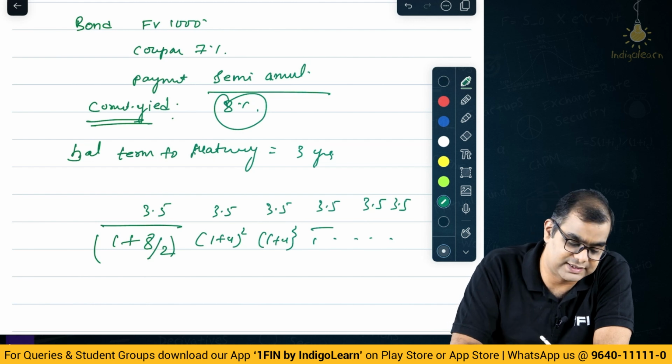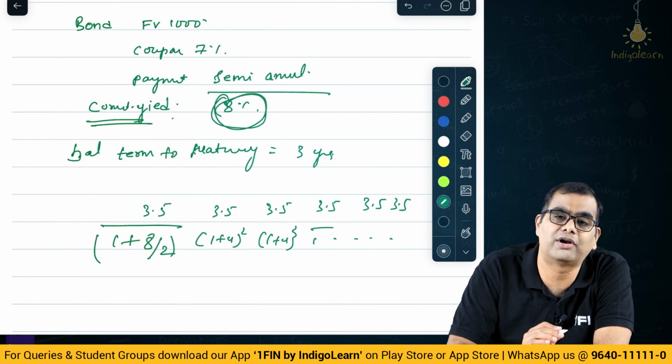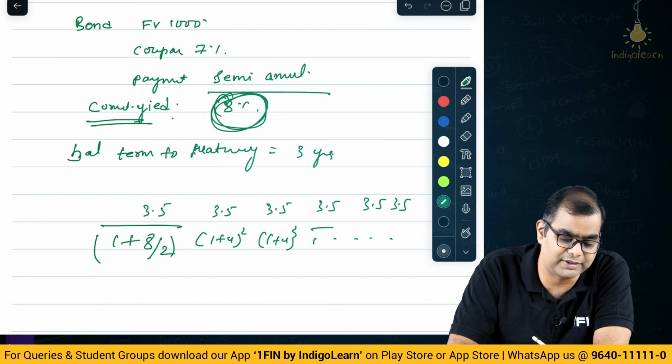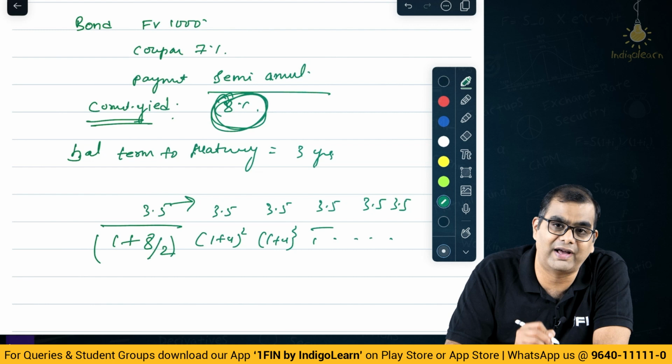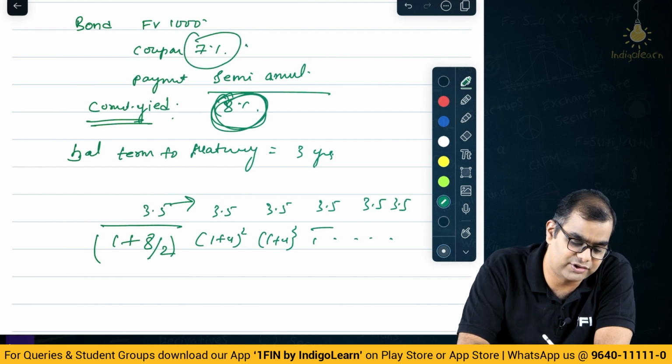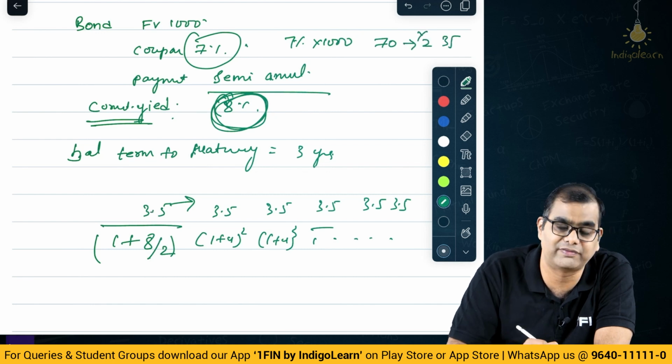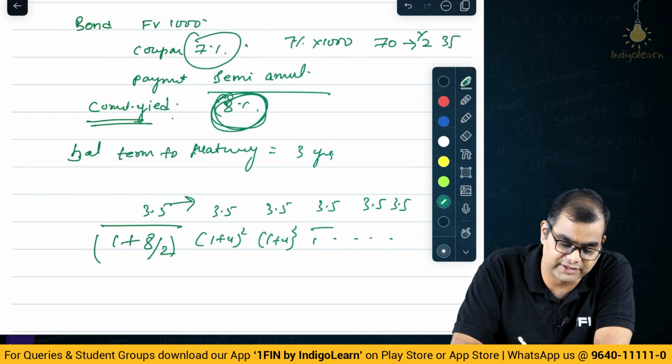So this yield is divided by the coupon payment frequency. Here you have taken the coupon value. Please note, you have not taken 7%, you have taken 7% into 1000. 7% into 1000 is how much? 70. 70 into 2 into 1 by 2 is actually 35. So, I should not even take 3.5 here, I should take 35. That is the right thing.